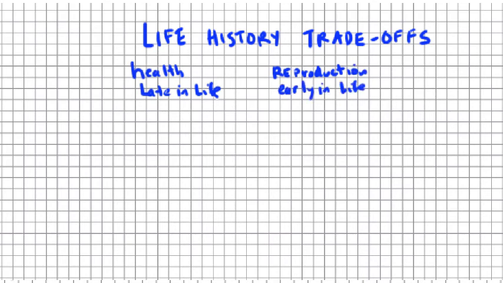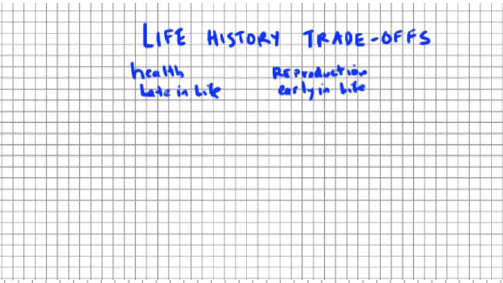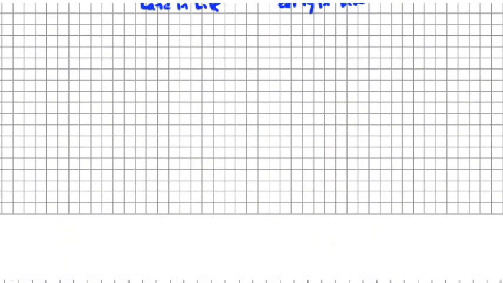Now, I chose this example because it's directly pertinent to our current question of how humans could have come to have high frequencies of genes causing poor health late in life. Well, if those same genes caused higher fitness early, then you could say that positive selection on the fitness benefits early in life are overriding the negative selection occurring against those genes because of the health problems they cause late in life.